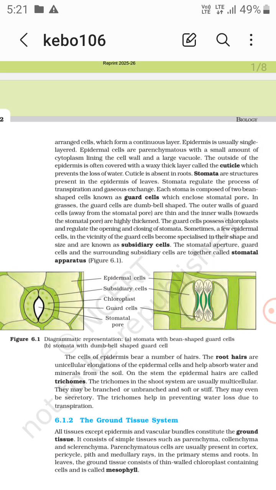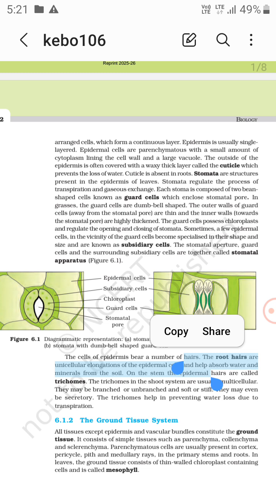Now stomata regulate the process of transpiration and gaseous exchange. Each stoma is composed of two bean-shaped cells known as guard cells, which enclose the stomatal pore.